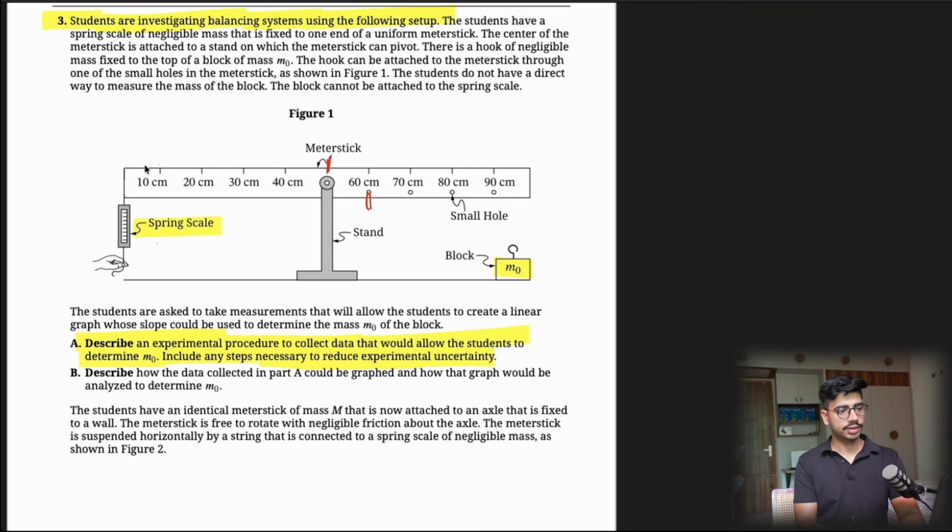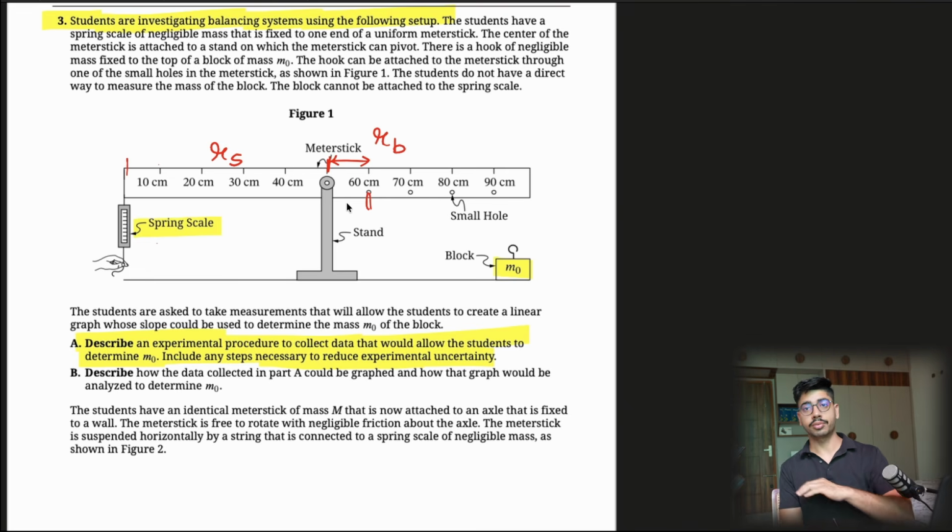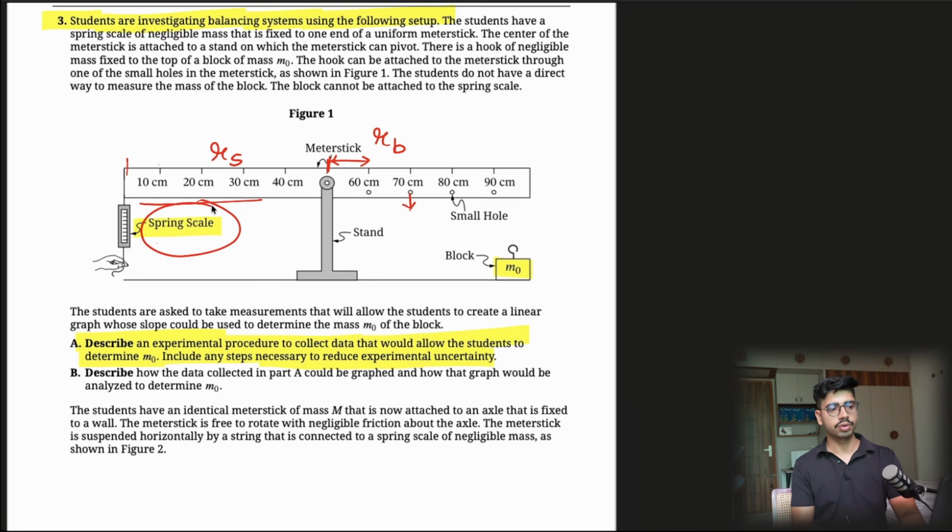I'm going to call this distance RS, and for the block, let's suppose B, so this is RB, and that RB I am going to keep on changing. If you place it at a different position, it will provide a different torque, so accordingly the spring scale is going to measure different values.